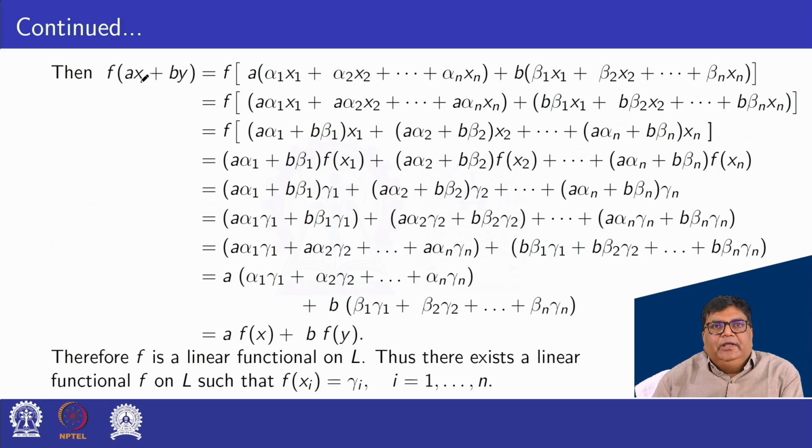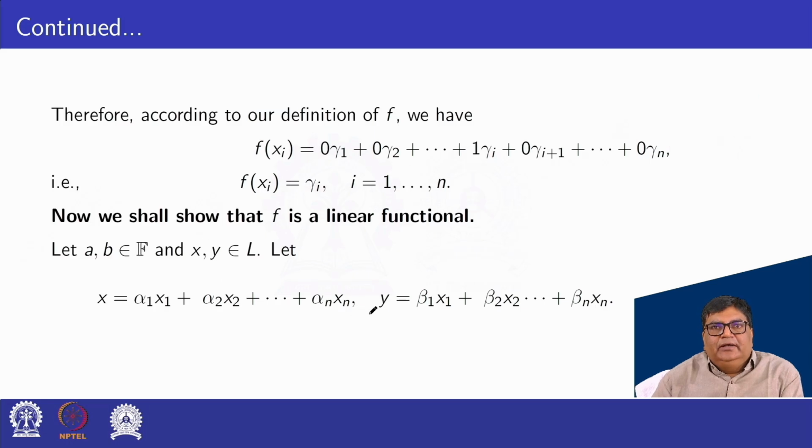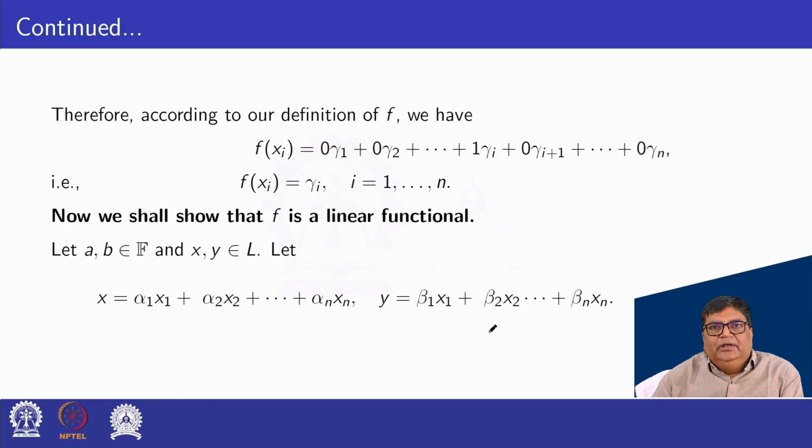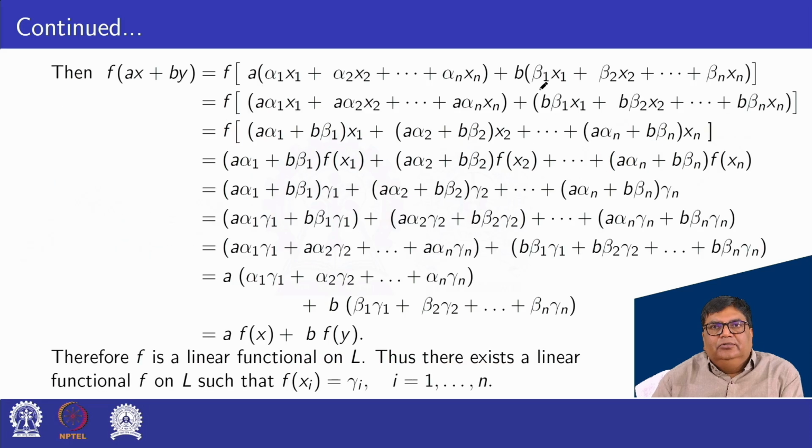Then f of ax plus by is equal to f of a, putting the value of x here, plus b, putting the value of y. So we can write f of a alpha 1 x1, a alpha 2 x2, and so on, plus a alpha n xn, plus b beta 1 x1 plus b beta 2 x2, plus and so on, b beta n xn.